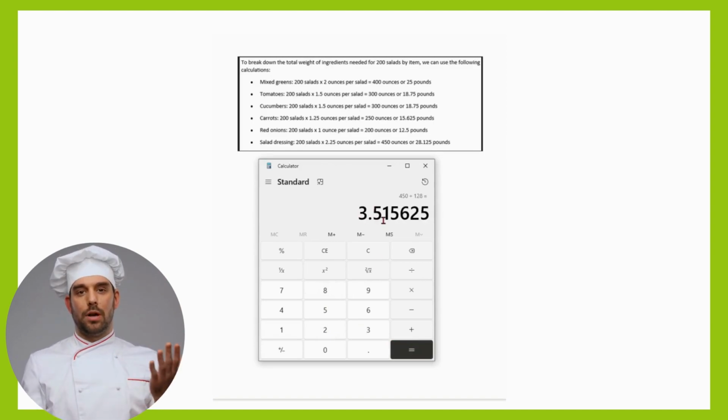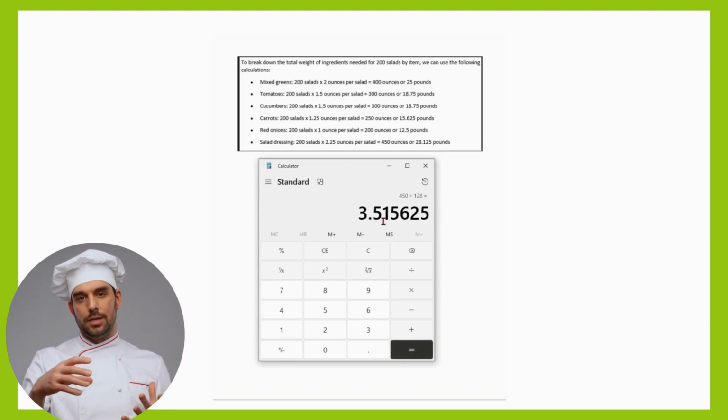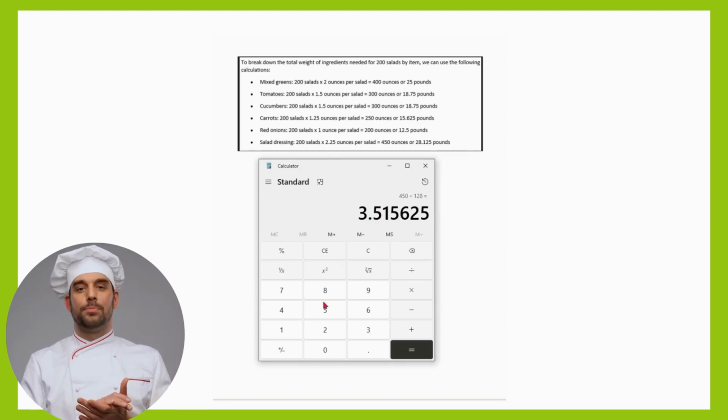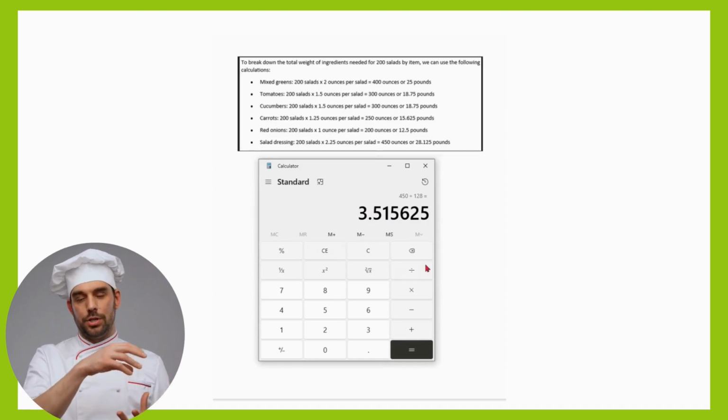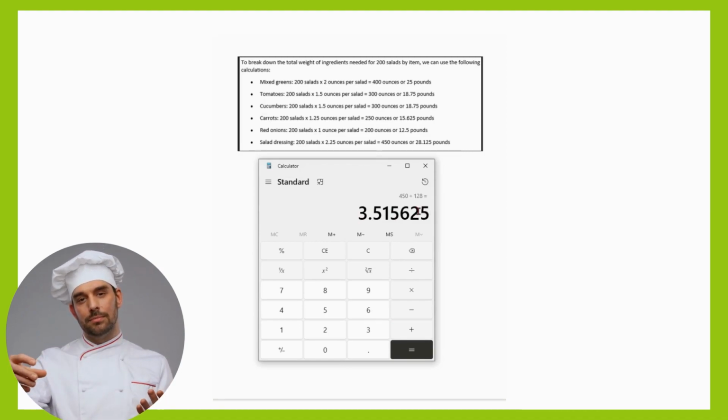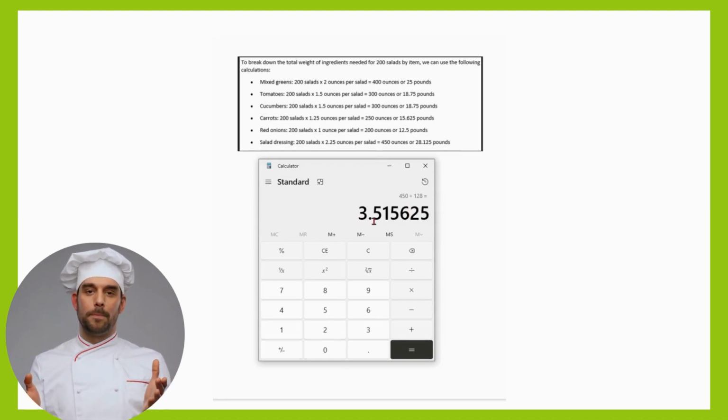Don't worry about the rest of this stuff because that's going the long way. So divided by 128, because that's how many ounces are in a gallon, we need 3.5 gallons, which, if you want to round that up to 4 gallons, that's what I would do. You're not going to buy a half gallon of nothing. So that's how much you need for the party of 200.